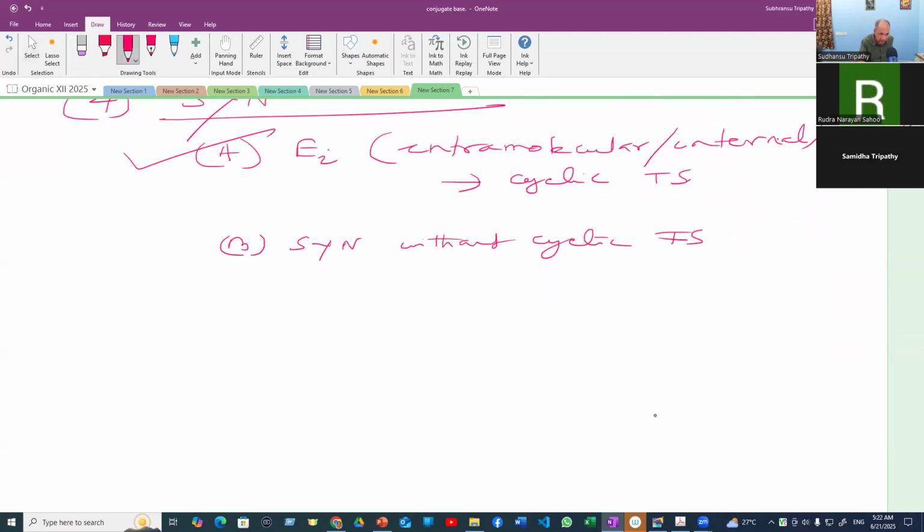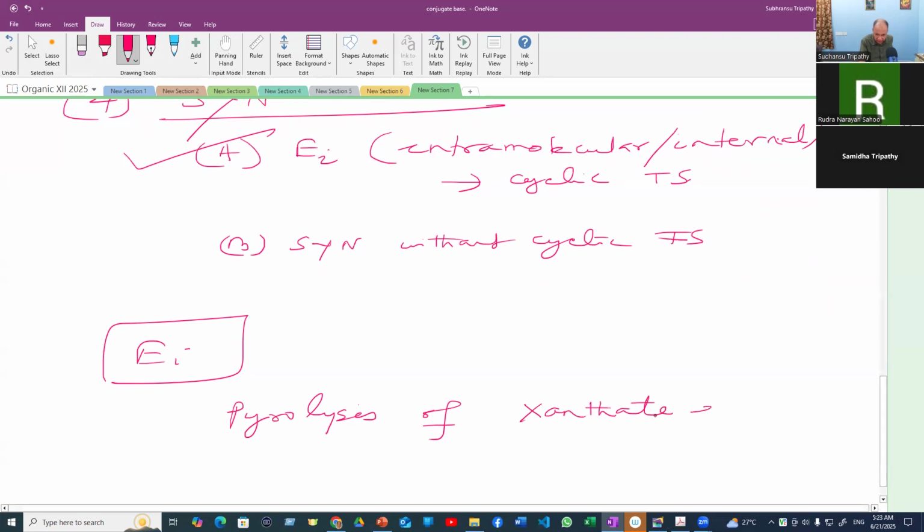So the examples are: pyrolysis, meaning strong heating, of xanthate esters. This is called the Chugaev reaction. Then you have tertiary amine oxides.